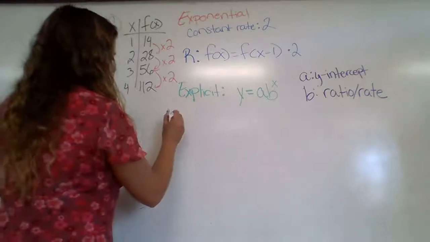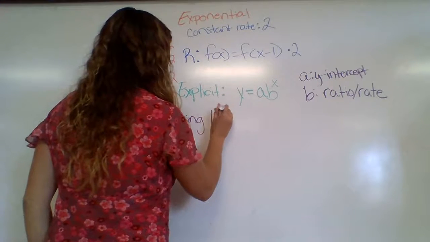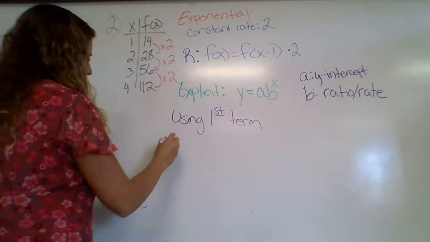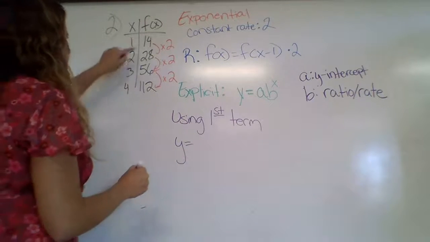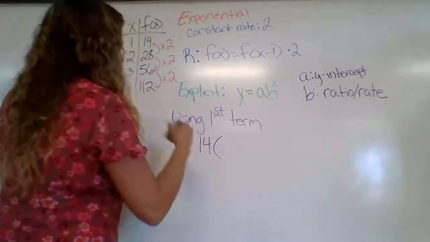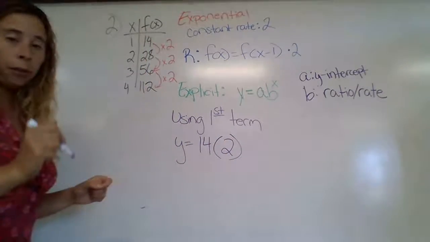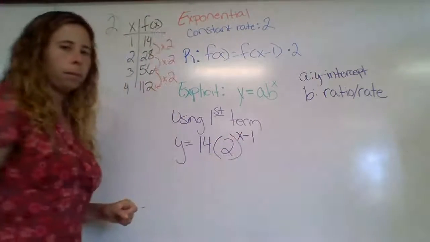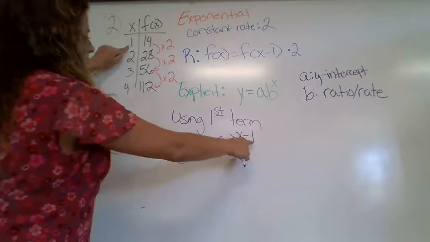If you use the first term, your equation would be y or f of x equals your first term, which is 14, times your ratio rate, which is 2. Because you're using the first term, you have to raise it to the x minus 1 power.